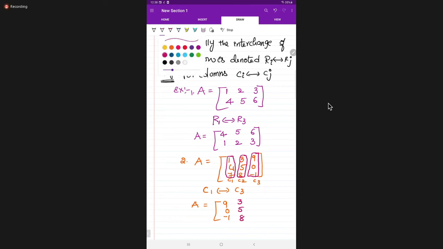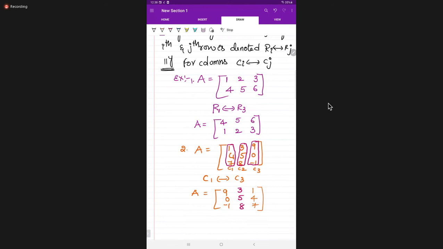Next, in C3 write the C1 elements 1, 4, 7. Is it clear, all of you? In place of C3, write the C1 elements.